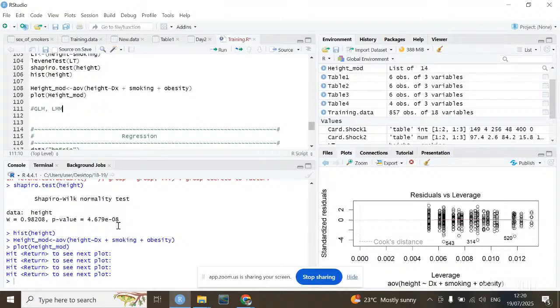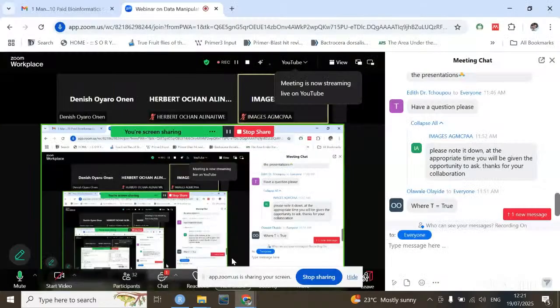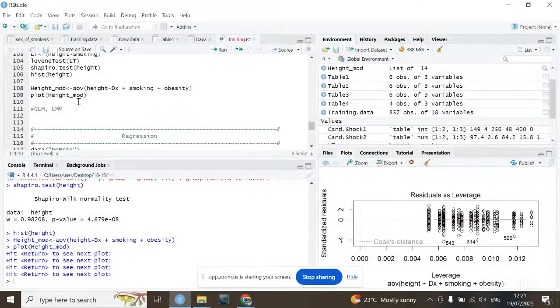Okay. Maybe even before going there, if you have already written your model like this, and your data has obeyed the assumption, that would be the easiest way.